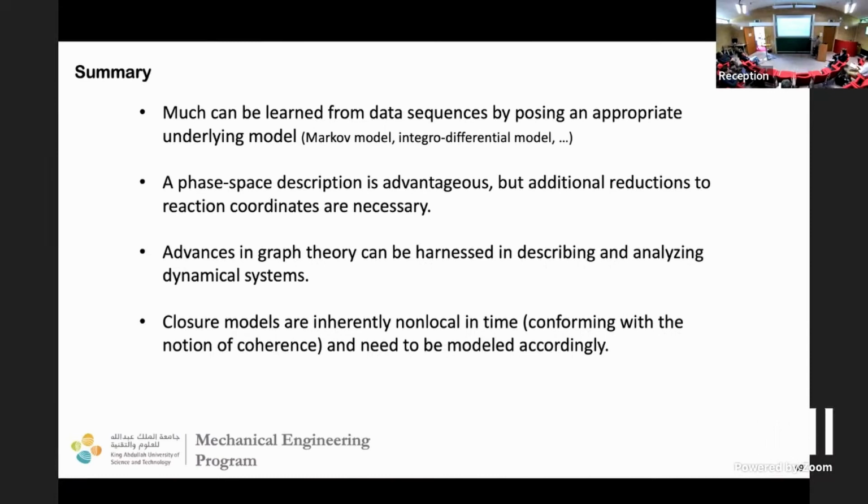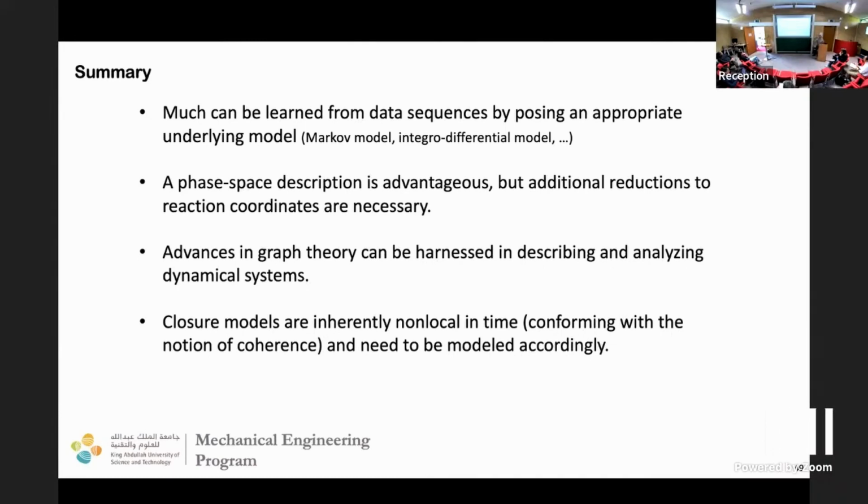And in terms of closure models, they are inherently non-local in time, but that shouldn't come as a surprise, because that conforms with the notion of coherence, right? If you have a coherent structure and it moves and has an influence, it has a memory of influence.